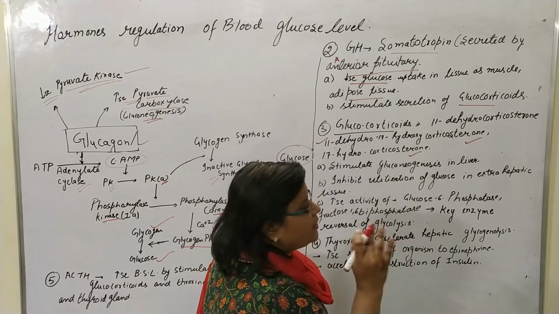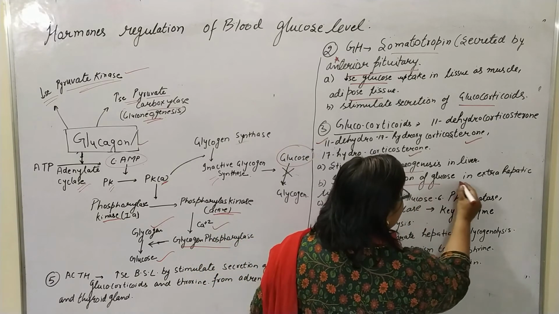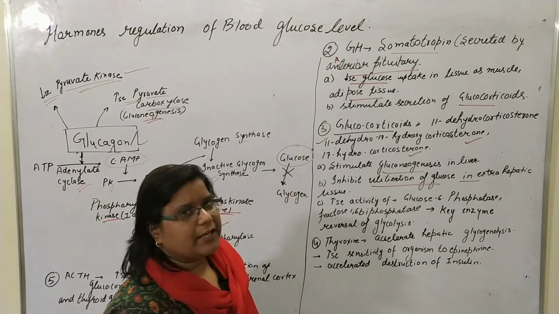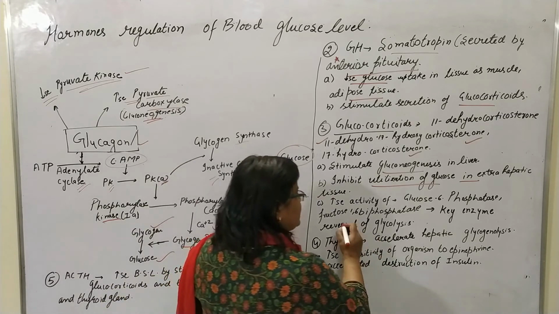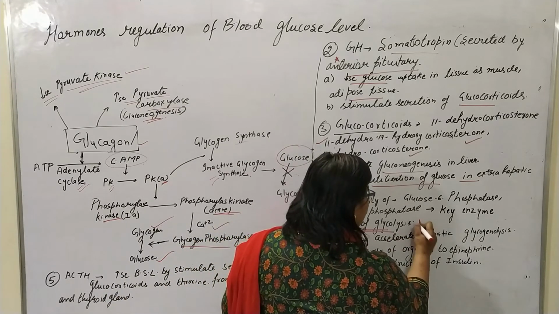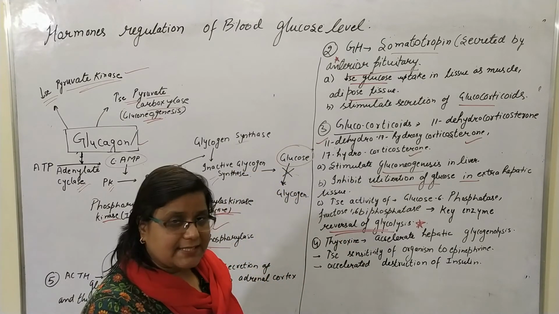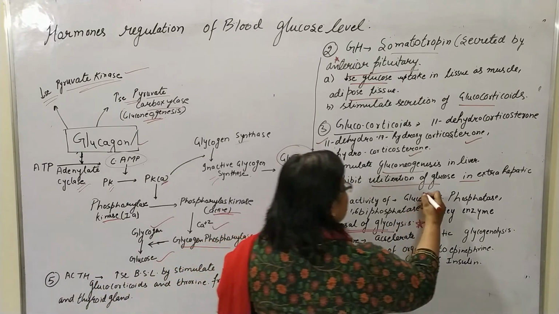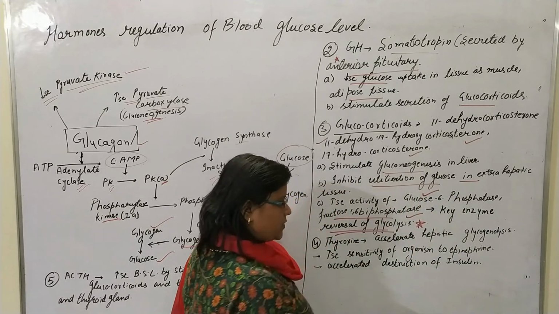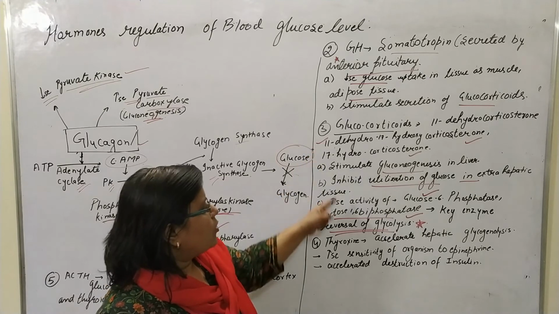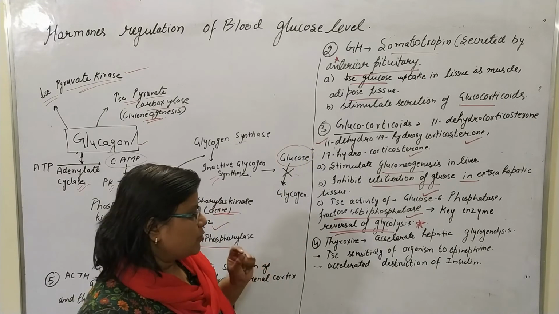They stimulate gluconeogenesis in the liver, and they inhibit the utilization of glucose in extrahepatic tissue. They increase the activity of some enzymes used for the reversal of glycolysis, meaning they initiate gluconeogenesis. These enzymes are glucose 6-phosphatase and fructose 1,6-bisphosphatase. So the glucocorticoids activate such kinds of enzymes.